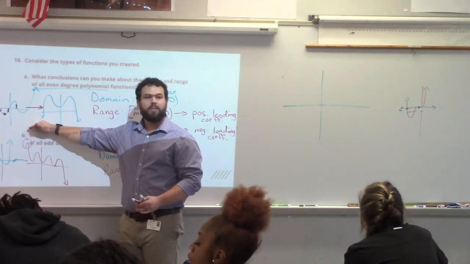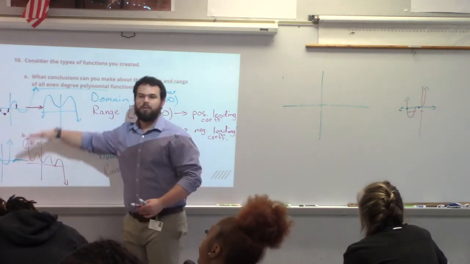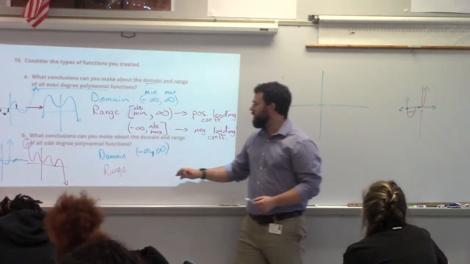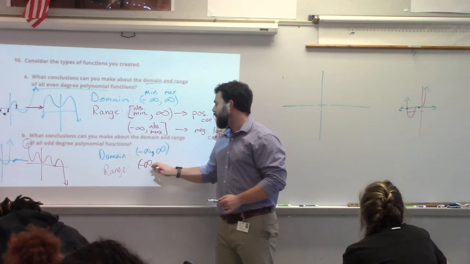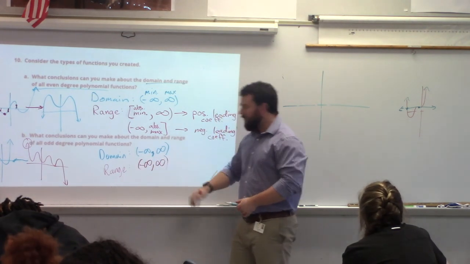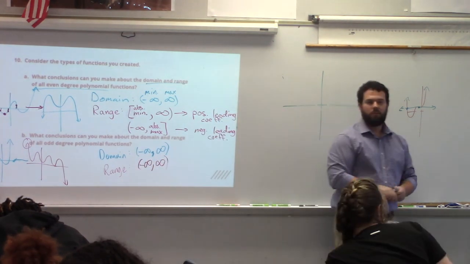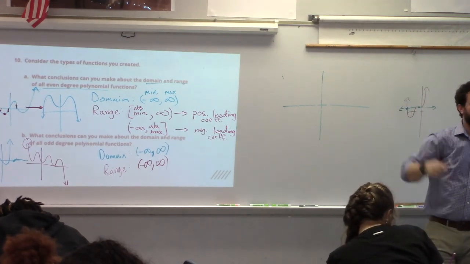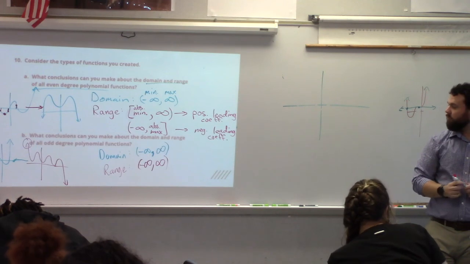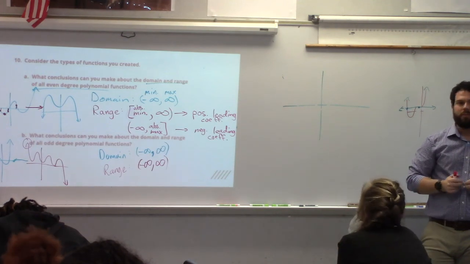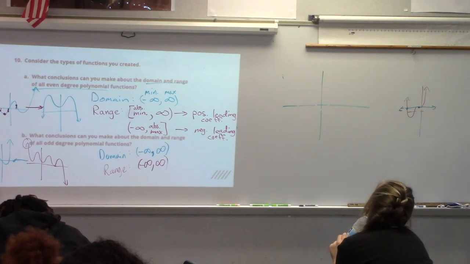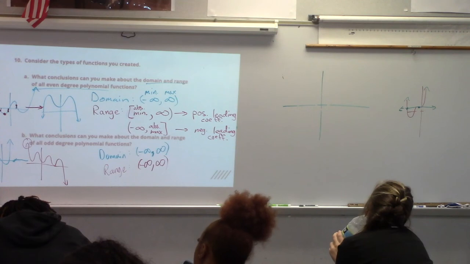If I'm talking about range, I'm talking about from the lowest to the highest. Don't pay attention to end behavior there. It is just the lowest to the highest. And the beautiful part about an odd degree is it's always negative infinity to infinity, because those end behaviors go in opposite directions. Questions, comments, concerns? Going once, going twice. Sold.